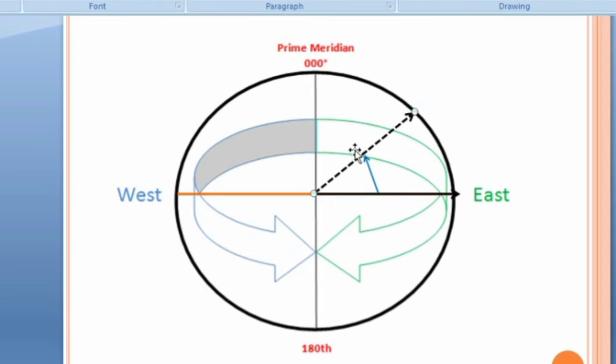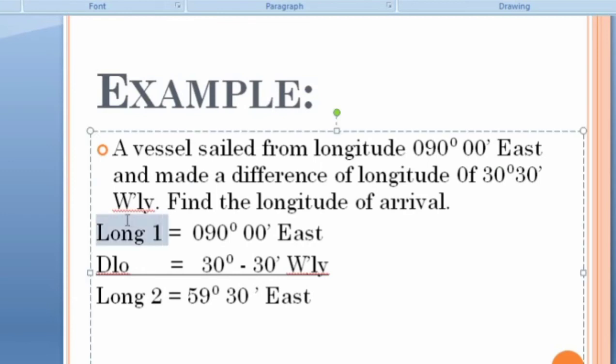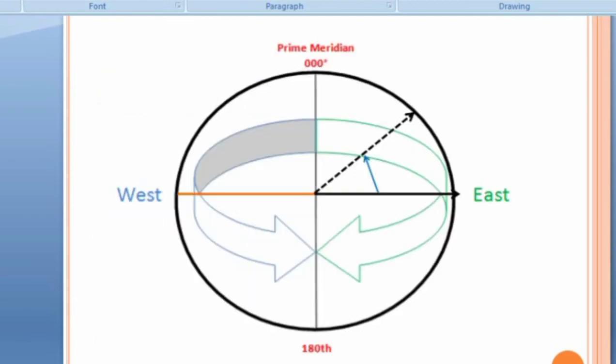But if the value of the difference of longitude is greater than the value of the longitude which we came from, so automatically we will not anymore be in the eastern part of the globe, but instead we are going to the opposite side, if we will have the western or westerly direction.